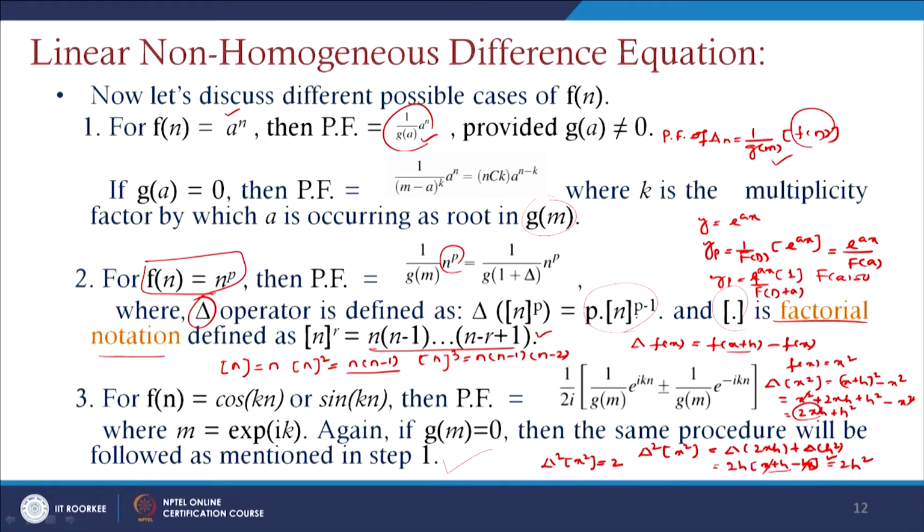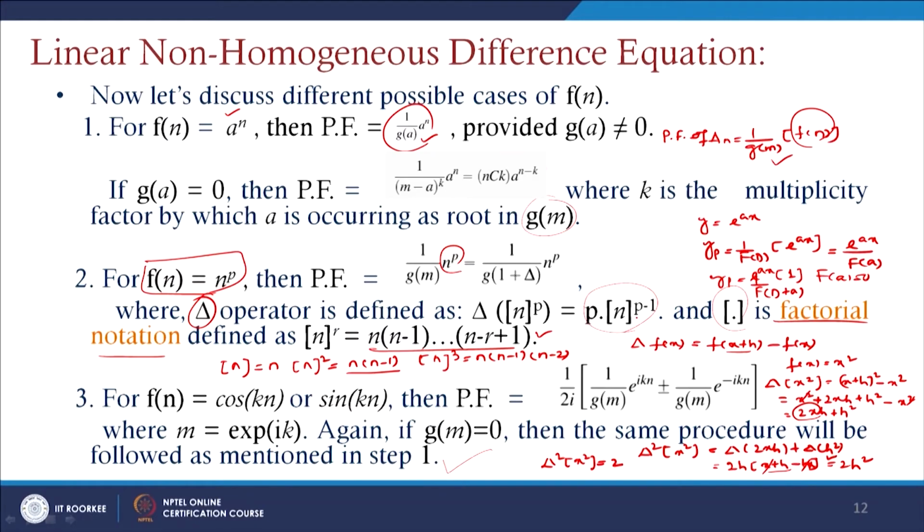And suppose this f of n is a trigonometric function. Trigonometric function means that if the roots come in imaginary form, then we can write the functions in the form of cos x plus i sin x. So this function can be written as cos x or sin x, that is, in terms of n, cos of k n and sin of k n.